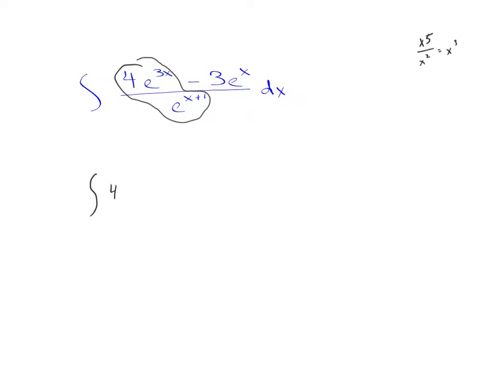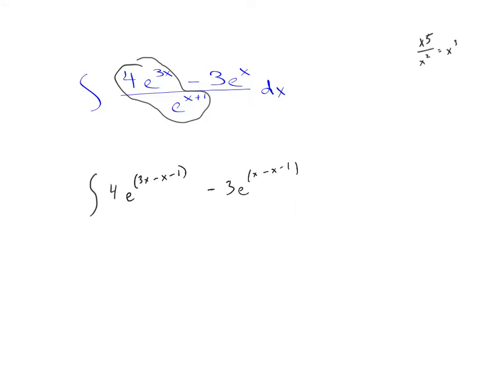So this is 4e to the, and I'll put it in parentheses, 3x minus x minus 1. So I'm subtracting the stuff in the exponent of the denominator. That's my new first term. And then my new second term is 3e, and then the exponent on that is x minus 1, right?